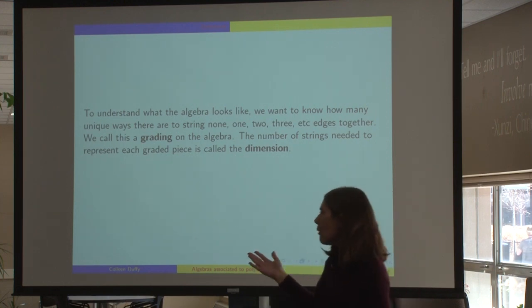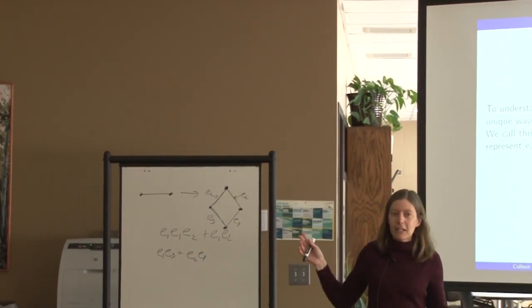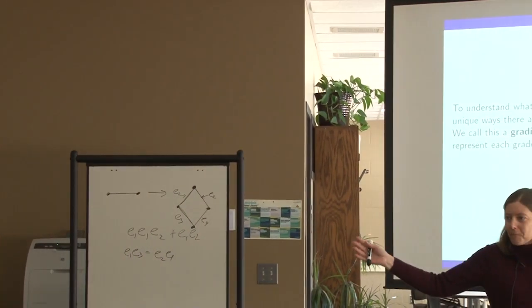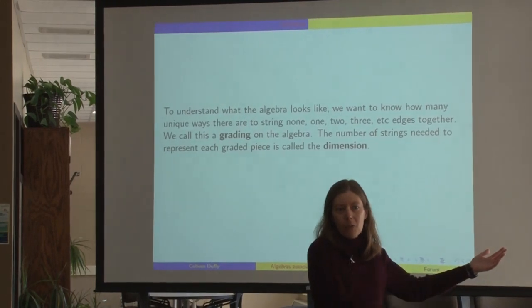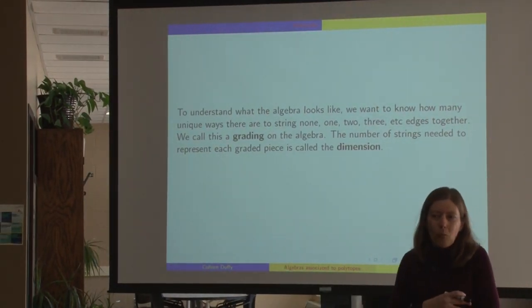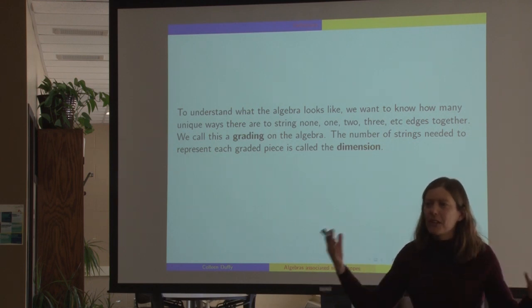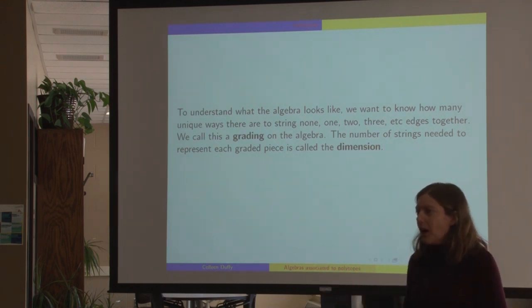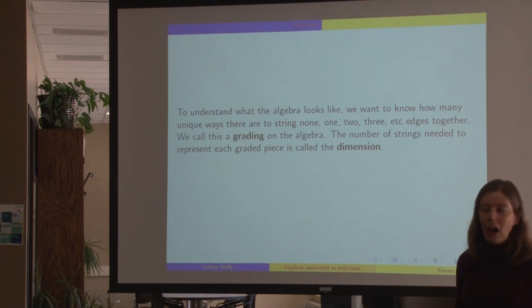And one of the reasons is we can keep on stringing these letters together infinitely many times. So I can have an infinite string. I can just write E1, E1, E1, E1 forever. And so how do you begin to describe what is the size of this algebra? Infinite isn't a really good description. So how do we talk about this?